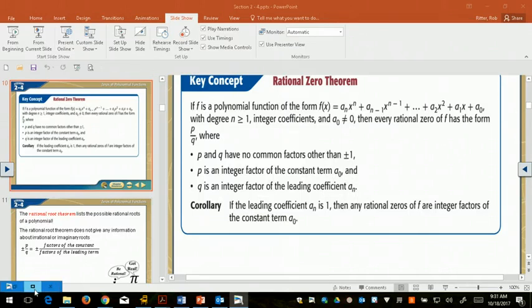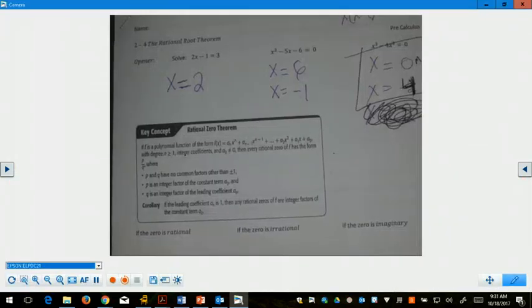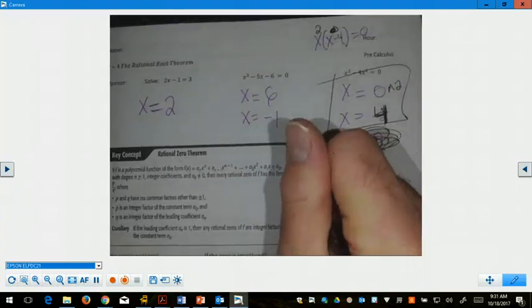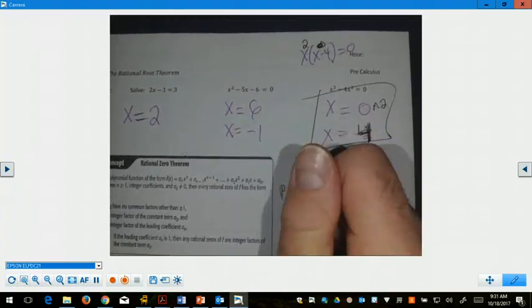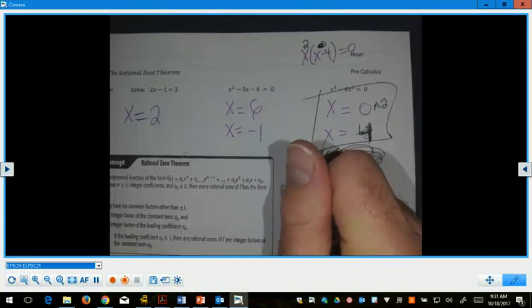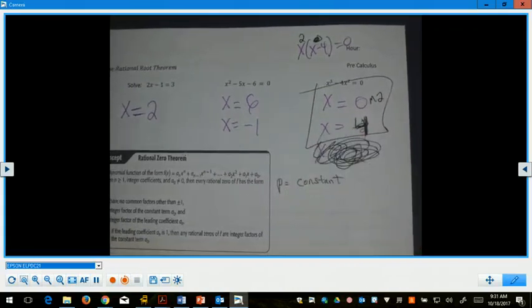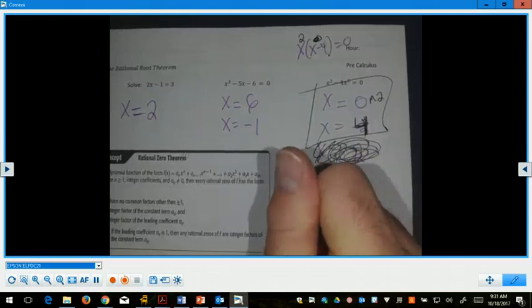So what we're going to write down for this is we have our polynomial function. P is going to be the constant from our function when it's in standard form, and q is going to be the lead coefficient.